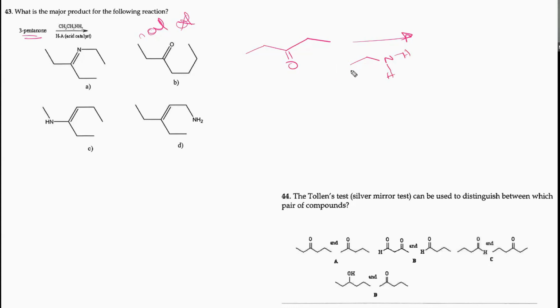And you're treating this with an acid catalyst. A small amount of acid is added. So I just want some answers: when you treat a ketone or an aldehyde with amine, with a catalytic amount of acid, what is the name of the functional group of the molecule you get?